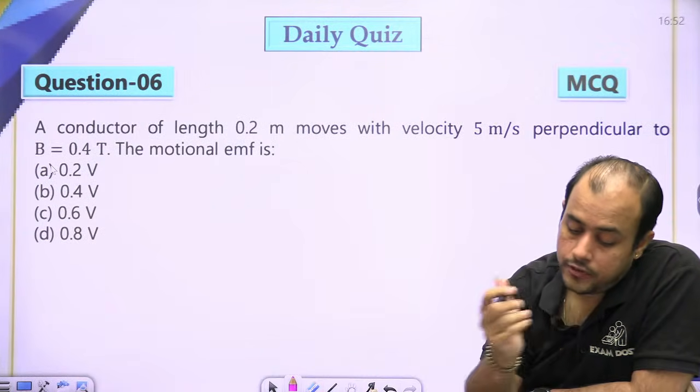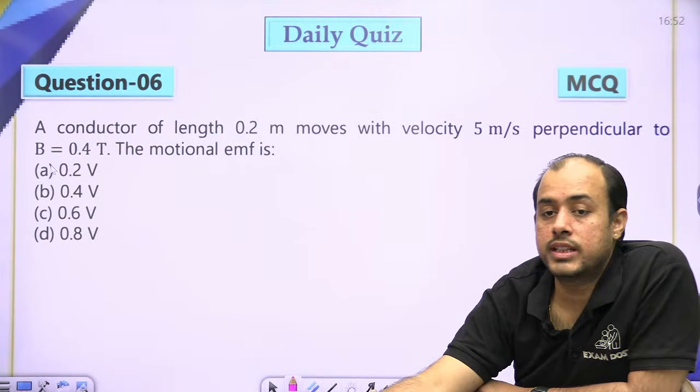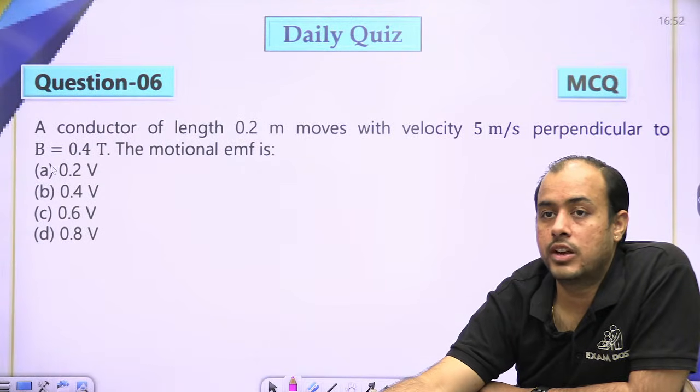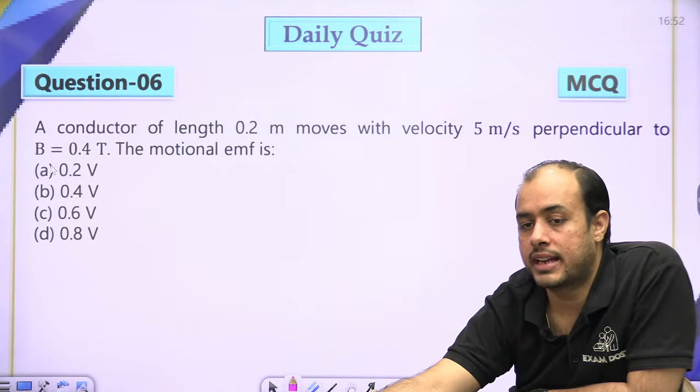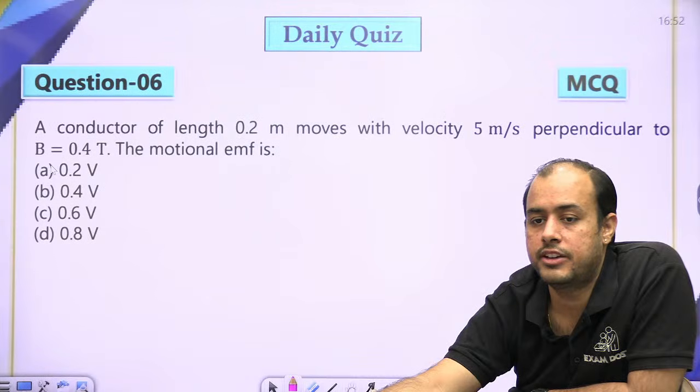Quickly, a conductor of length 0.2 meter moves with a velocity 5 meter per second perpendicular to the magnetic field. What is the motional EMF?